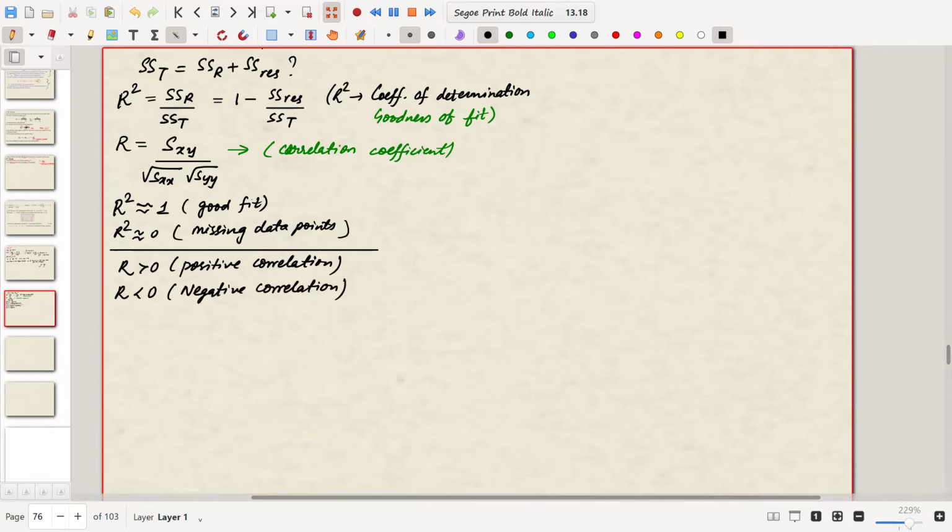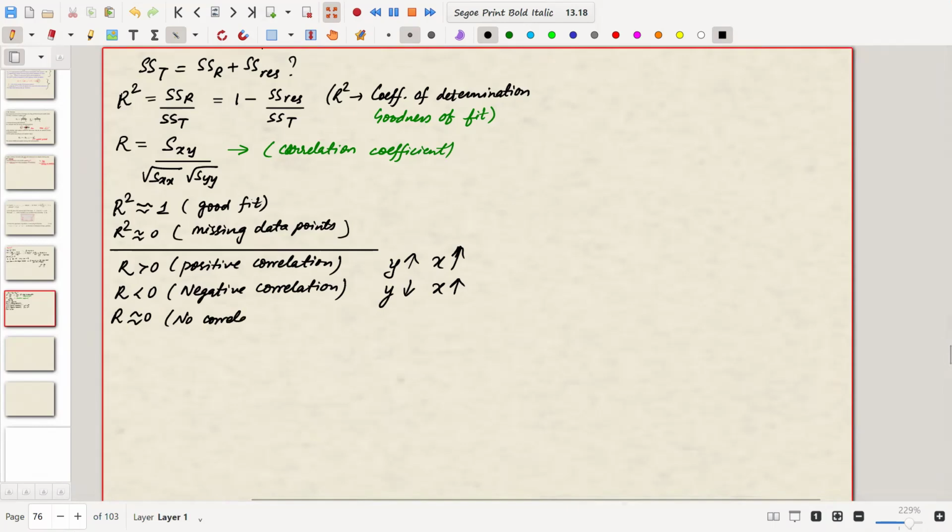Positive correlation tells you that if X increases, Y will also increase. Negative correlation tells you that if X increases, Y will decrease. If the R value is close to 0, there is no correlation at all. I think you must have seen this in your data analytics.